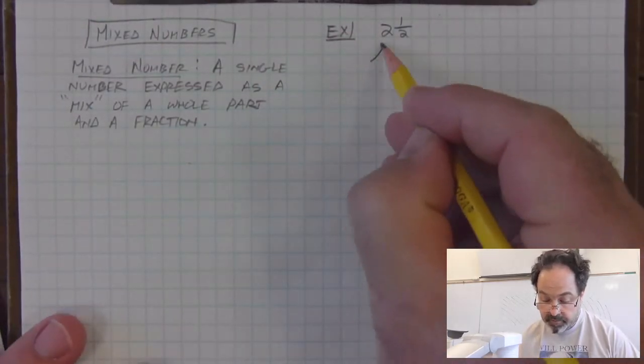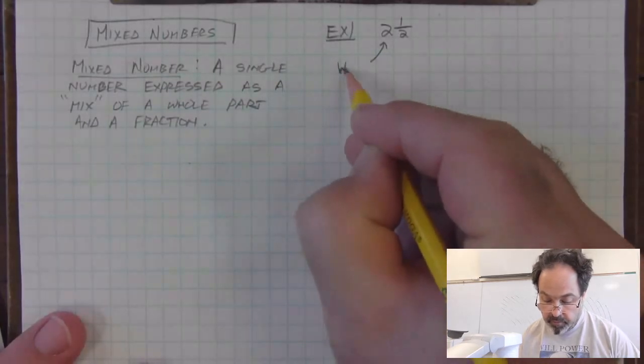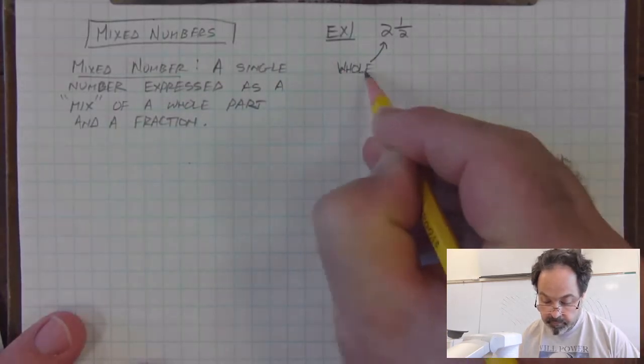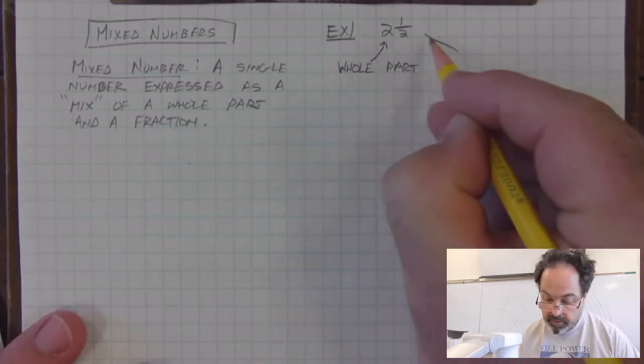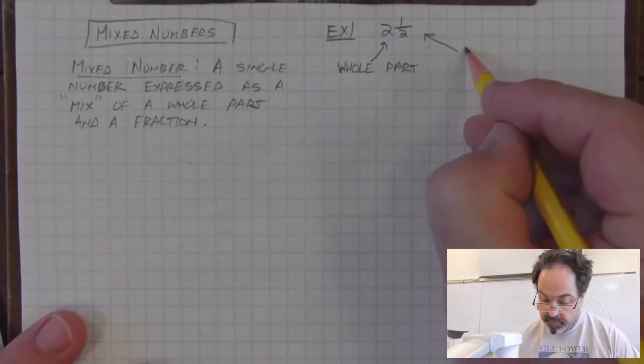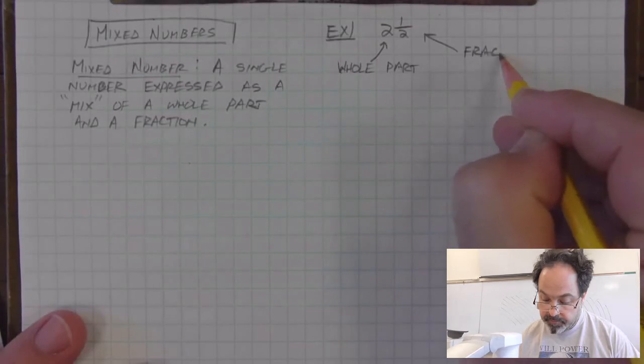We could point to this example and label the whole part. And point to the 1/2 and label it the fraction.